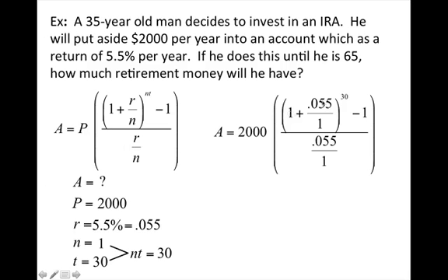And 1 plus 0.055, this entire parenthesis would just give me 1.055, and the denominator would just be 0.055. I'm going to go ahead and do the divided by 1 on the calculator just so you can see it for practice. But if you wanted to simplify these before you get to the calculator, you could.